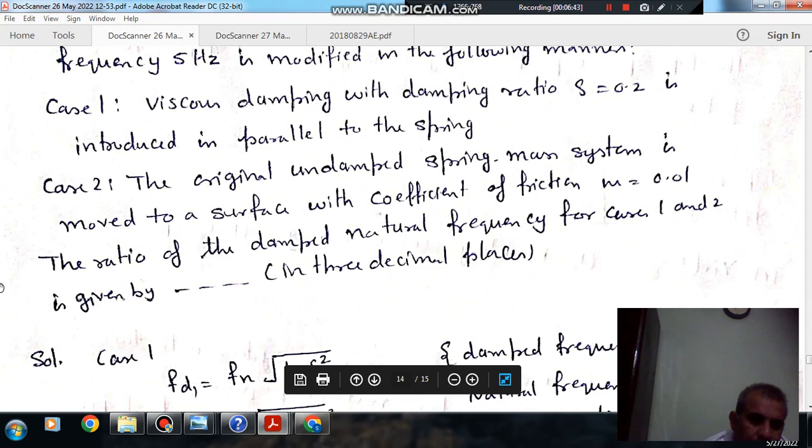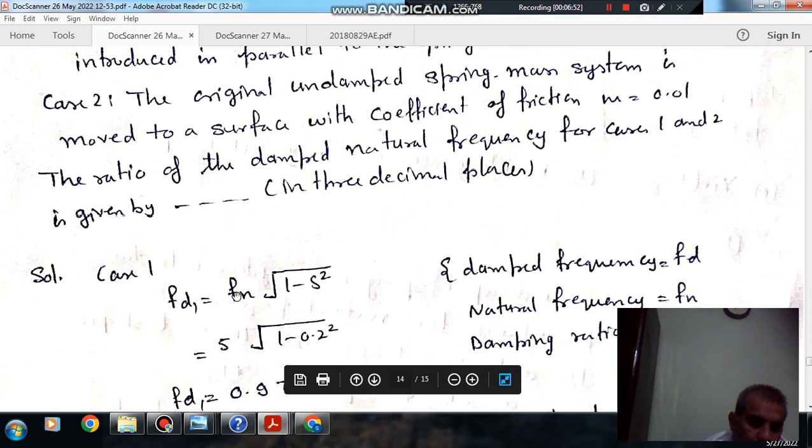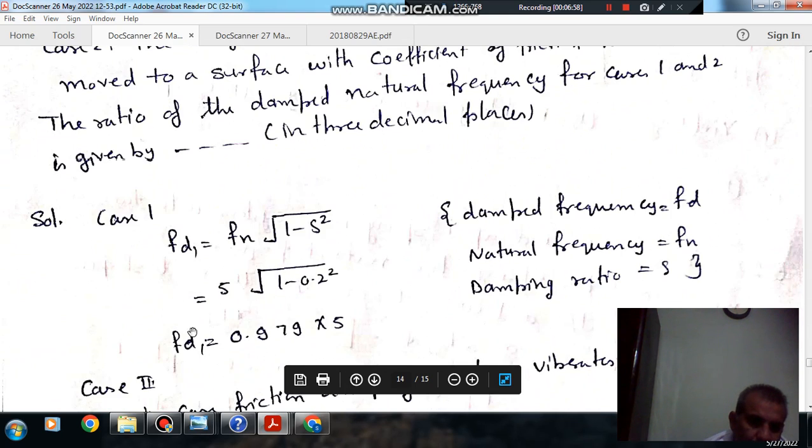So in case of damped vibration, the damped natural frequency is given by fd equal to fn root of 1 minus zeta squared, which is 5 root of 1 minus 0.2 squared, where the damping ratio is 0.2. So the damped frequency comes out as 0.9798 into 5.